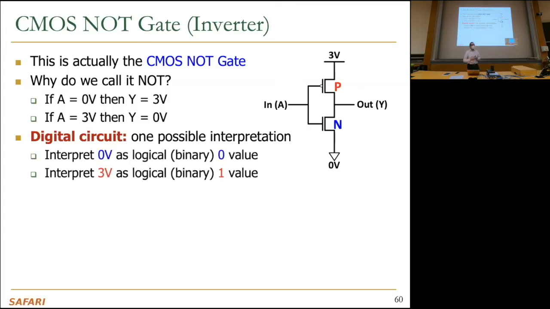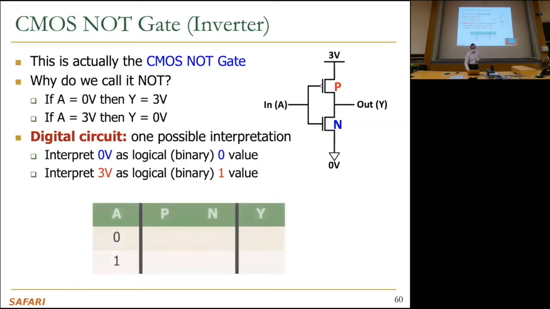Actually, let's make it a little bit more abstract. Let's not talk about voltages also. Let's talk about logic. Let's assume that 0 volts represents a binary value of 0, and 3 volts represents a binary value of 1. Now this is really a logic gate, right? You can put a truth table to it. A is our input. It can be 0 or 1, 0 volts or 3 volts.